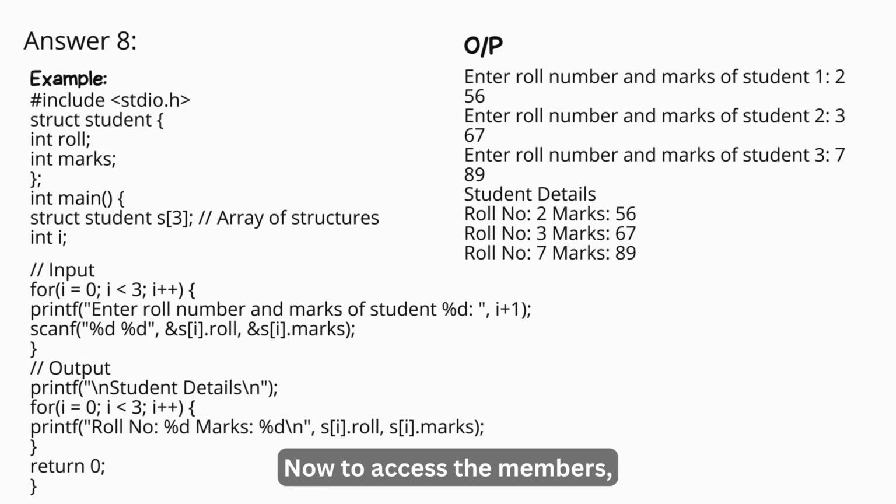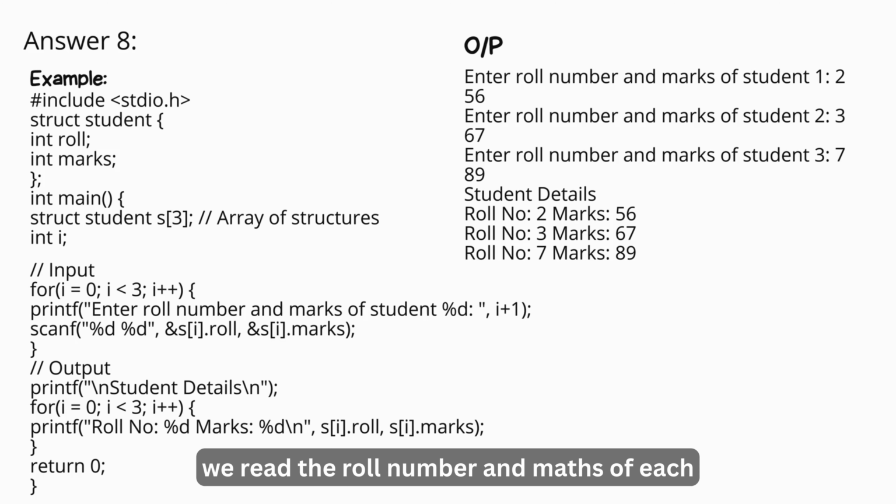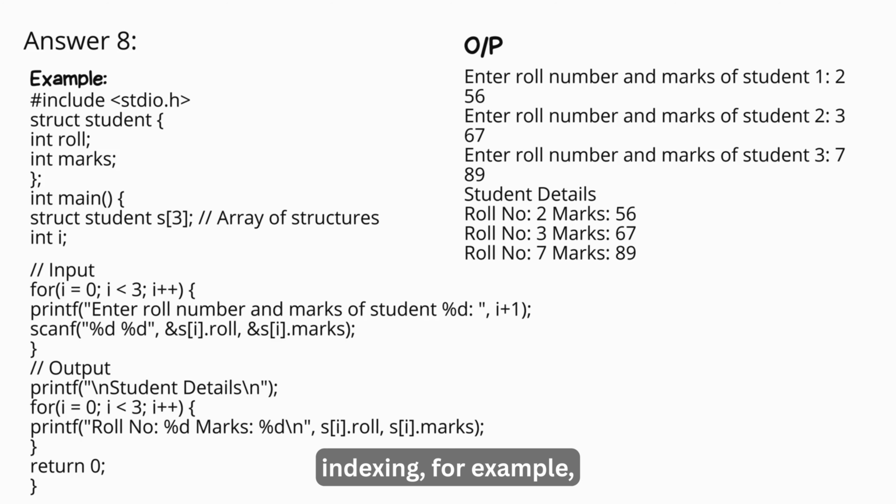Now to access the members, we use a for loop. Inside the loop, we read the roll number and marks of each student. Using the dot operator with array indexing, for example, s[i].roll accesses the roll number of the i-th student. s[i].marks accesses the marks of the i-th student.